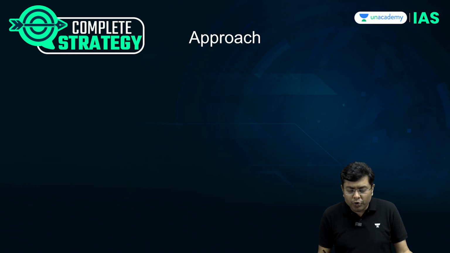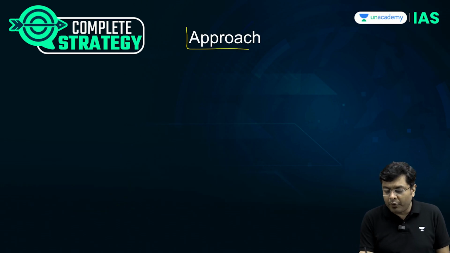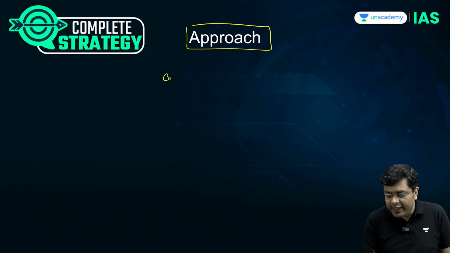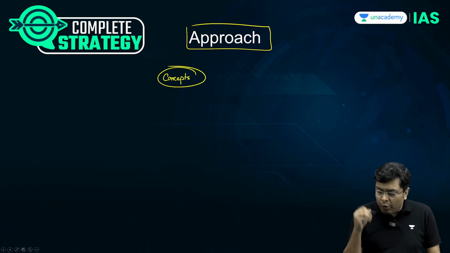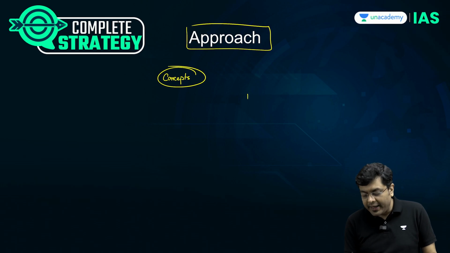So when you study the portion of environment ecology, what should be the approach? The concepts need to be covered first of all. Now let's suppose any concept that you are studying, pollution. Now what should be the approach?